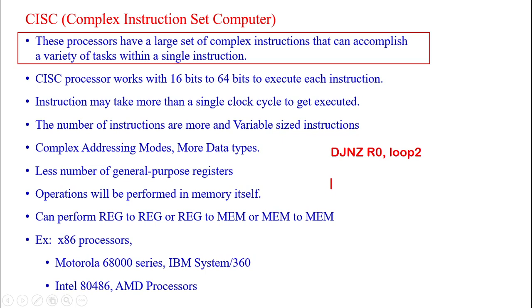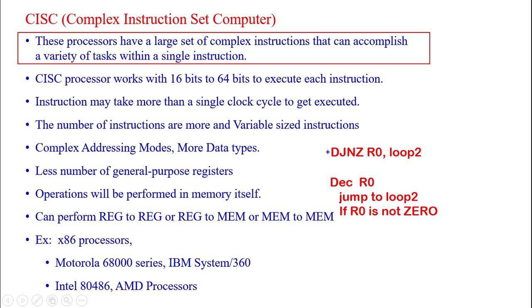DJNZ stands for decrement and jump: decrement R0 and jump to loop 2 if R0 is not equal to 0.